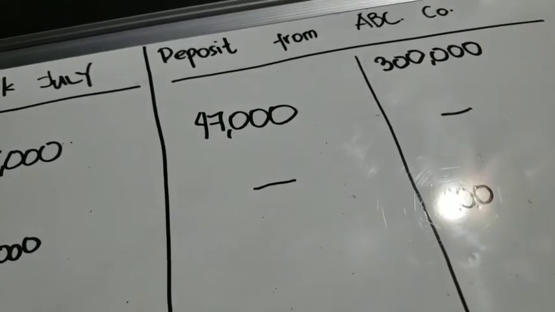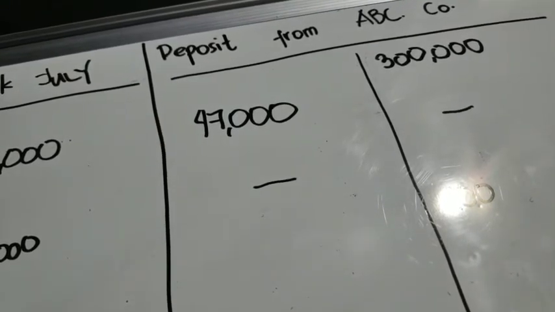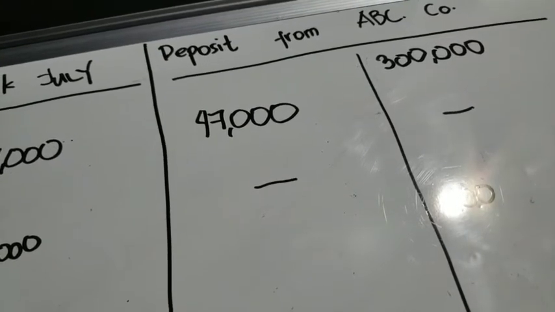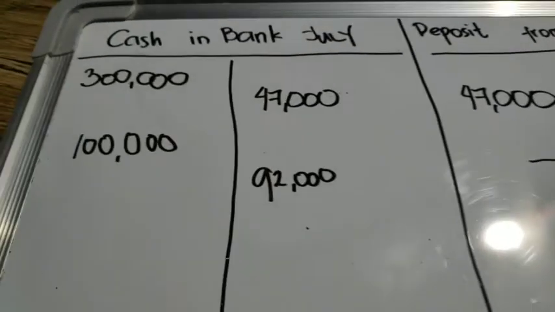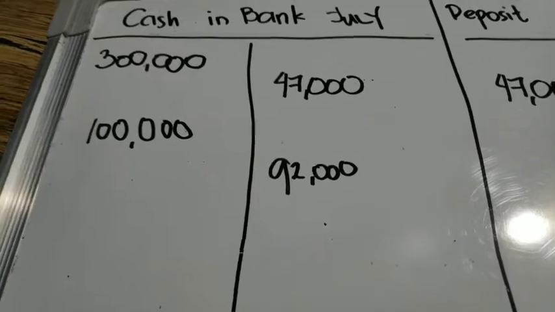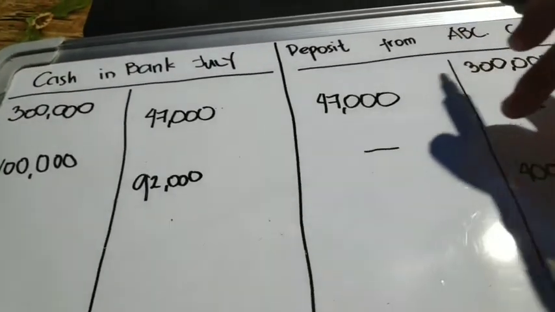Now, the problem said that the company only knew this amount upon the receipt of the July bank statement on August 1. So, kay kani siya is for July man, dili nimo siya ma-reflect to the cash in bank. So, sa imong buhaton, wala na siya isulat.